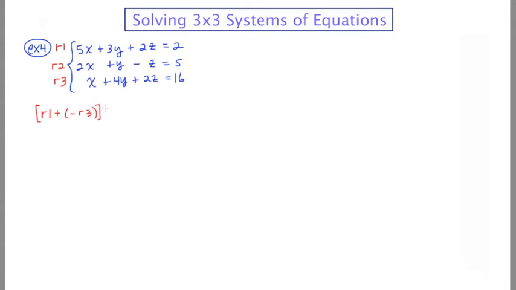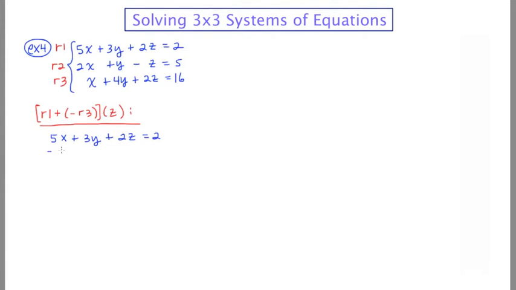So this is my little notation that I like to use as a way of keeping my work organized. Okay, so now I just copy down row 1, which is 5x plus 3y plus 2z is equal to 2. And now I'm going to add to that the opposite of row 3.